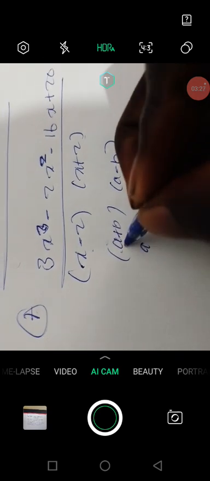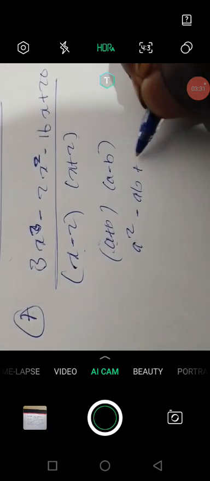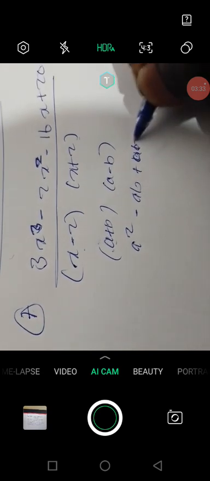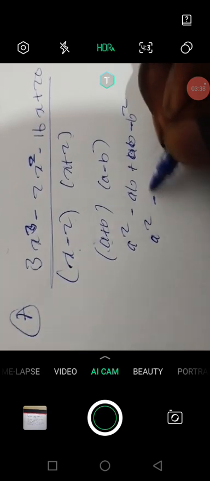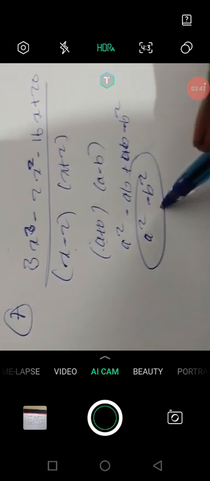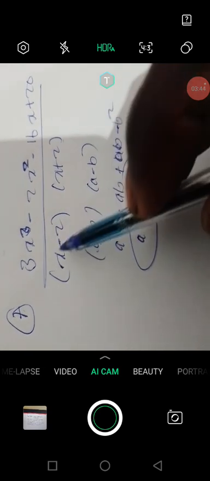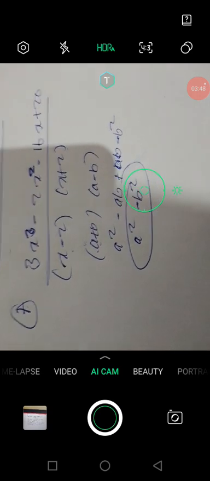It is a squared. What is a times b? It is ab. What is b times a? It is ab. What is b times negative b? It is negative b squared. So a squared minus b squared. This and this are one and the same, because it appears in conjugate form, having the same numbers but different operating signs.